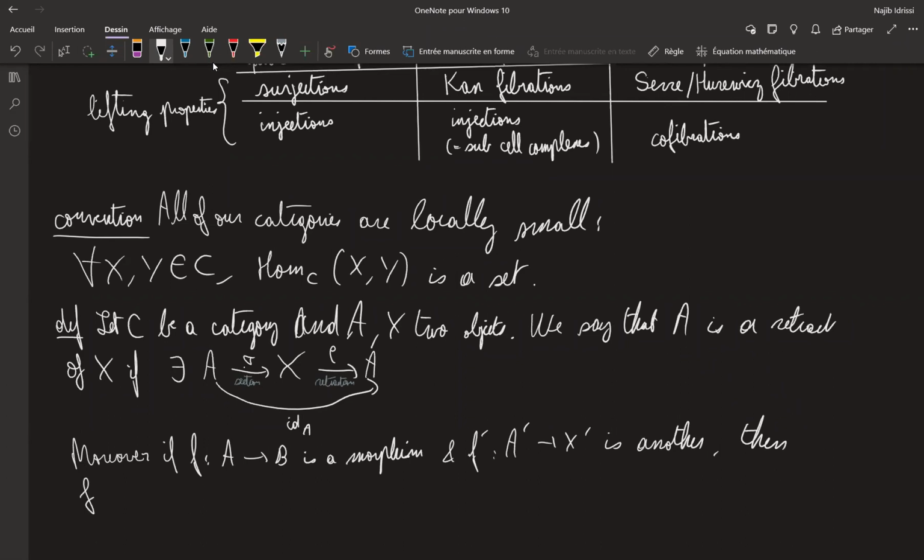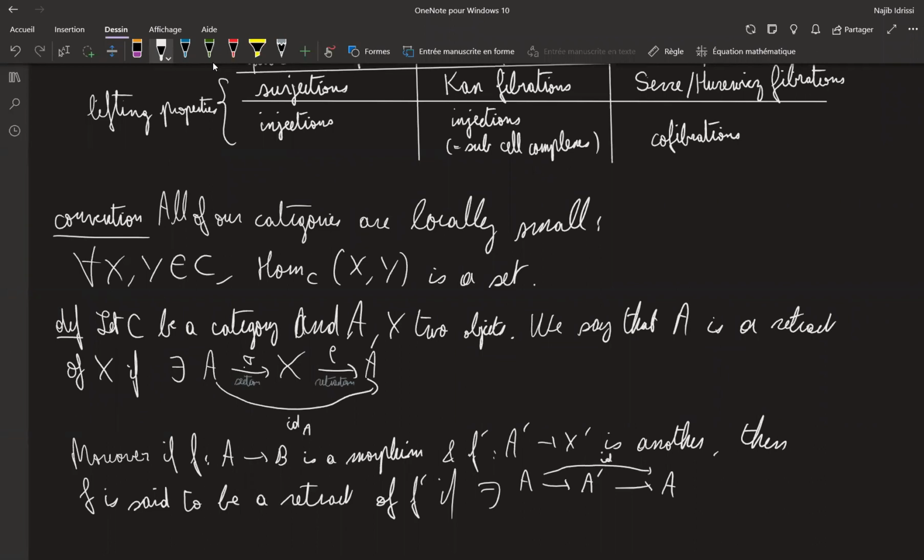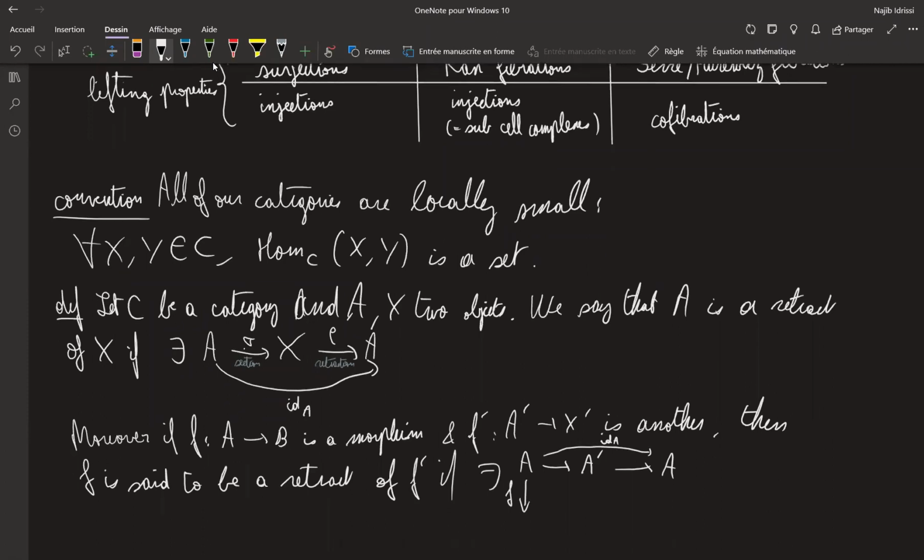Then f is said to be a retract of f prime if there exists a commutative diagram like this. So first of all, A is a retract of A prime. Here you have f.